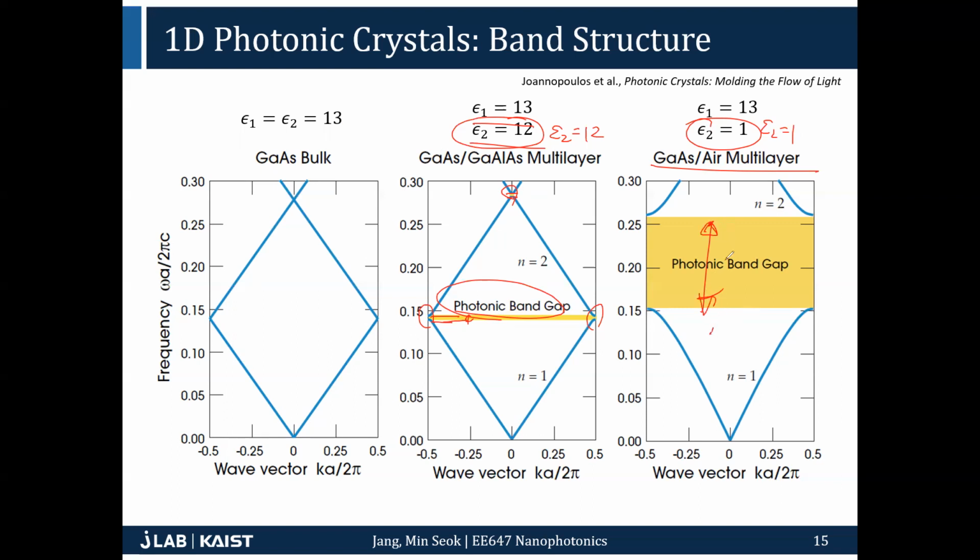So what I mean by band gap is that there's no propagating mode within this omega range, frequency range. So what happens is that if you have this crystal, epsilon 1, epsilon 2, epsilon 1, epsilon 2, and then shine an incident wave within this frequency range, because there's no propagating mode, it's going to be reflected 100%.